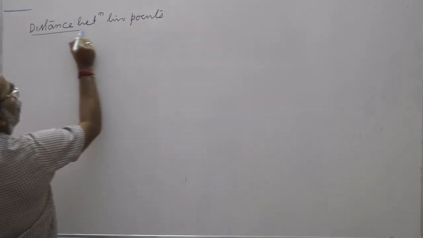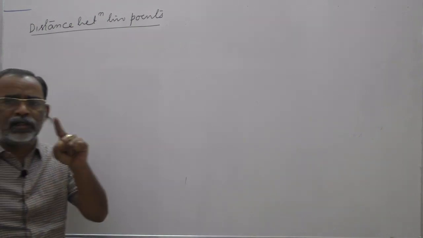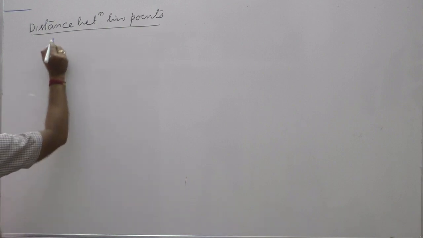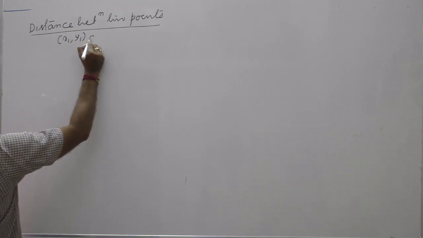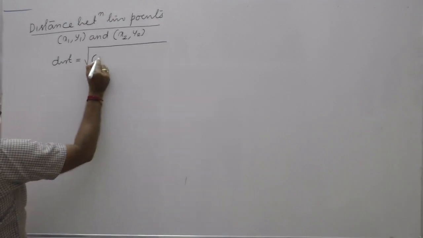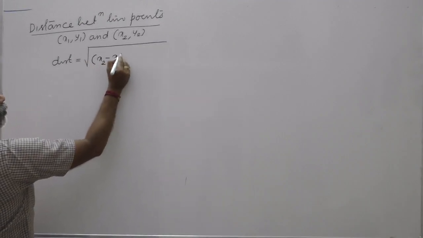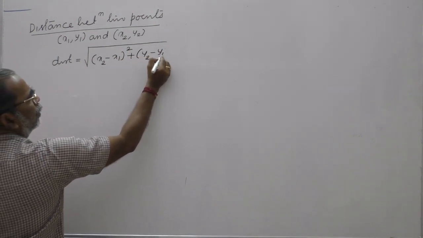See, if 2 points are given in the coordinate plane, then its distance can be calculated. So the distance between the points (x1, y1) and (x2, y2) is root over (x2 minus x1) whole square plus (y2 minus y1) whole square.